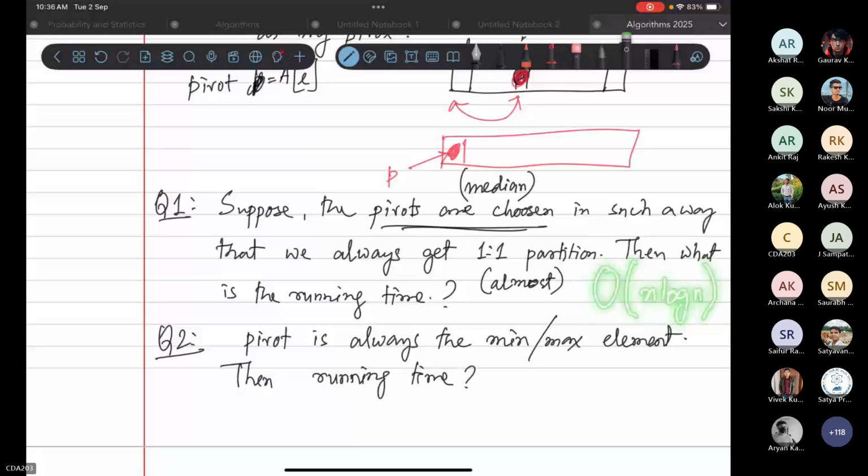And when we have a very bad partition, an extreme case being choosing the minimum element or the maximum element as my pivot, in that case, as already discussed in the tutorial class, it's going to take O of n squared running time.